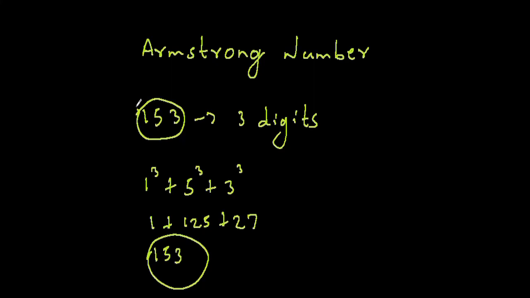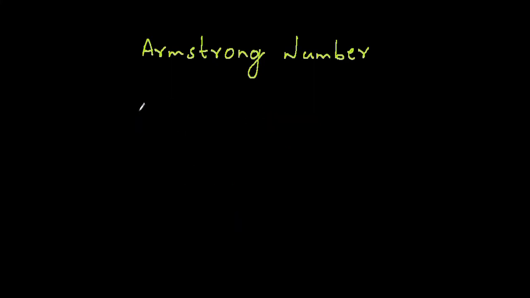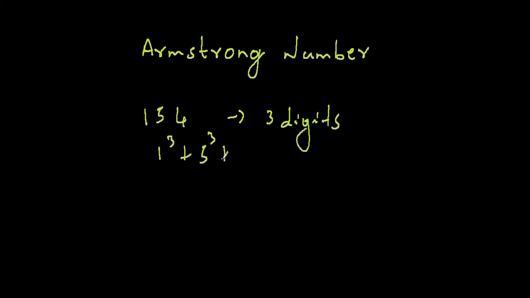Let's consider a different example. Let's take the number 154, which has again three digits. 1 cube plus 5 cube plus 4 cube, which is 1 plus 125 plus 64.